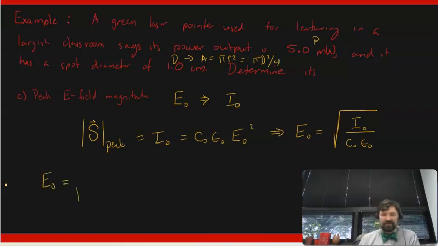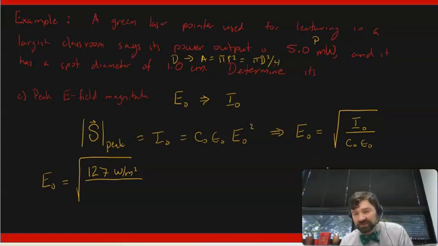So E naught will be the square root of, we had 126 point whatever watts per meter squared, divided by c naught epsilon naught. Well, this whole square root of c naught epsilon naught thing is itself one over the square root of mu naught epsilon naught. And so my epsilon naughts can cancel here, and this ends up having a mu naught term.